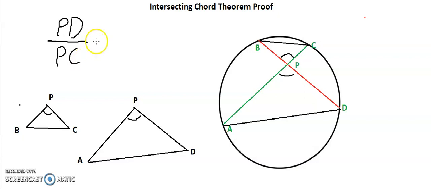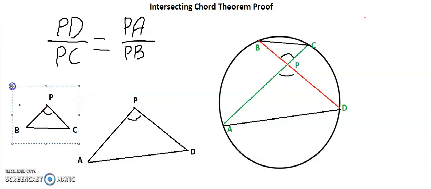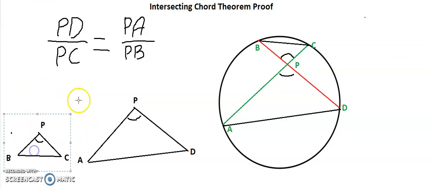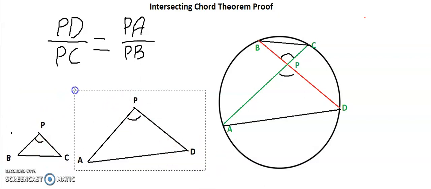So if I also look at that scale factor of my other side, which is PA divided by PB, because the length of my current image divided by the original image, which is a smaller triangle. So now I've got that.